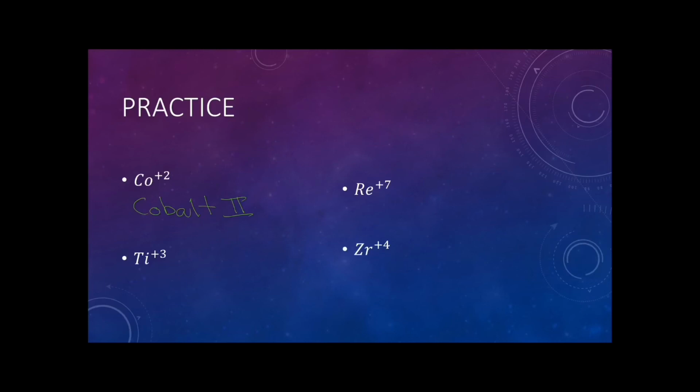Ti, that is titanium, and it's got a +3, so that means its oxidation state is +3, so we're going to write titanium 3. Re, that stands for rhenium, and it's got a +7 there, which means its oxidation state is 7, so it's rhenium 7.